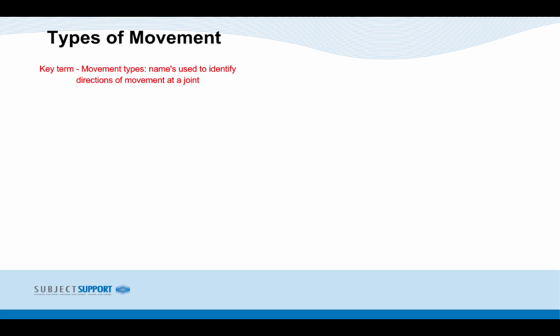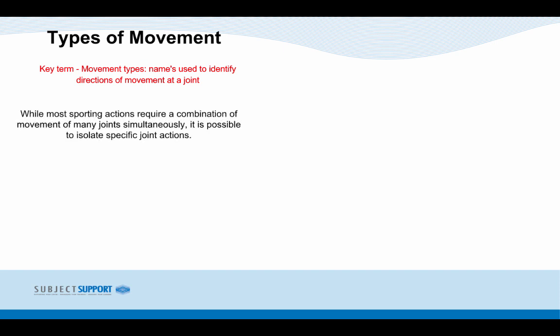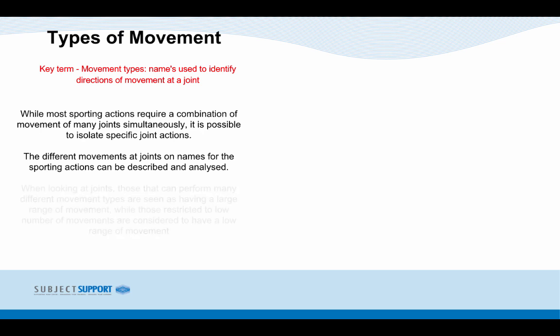Types of movement. Key term: movement types, names used to identify direction of movement at a joint. While most sporting actions require a combination of movement of many joints simultaneously, it is possible to isolate specific joint actions. The different movements at joints have names, so sporting actions can be described and analysed.